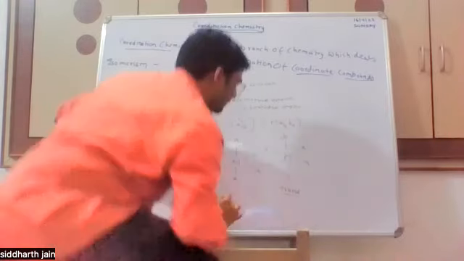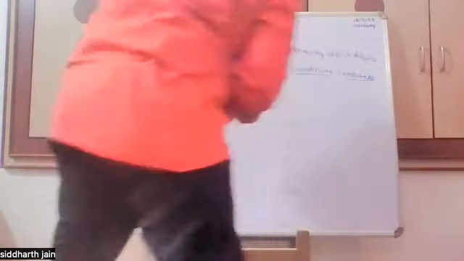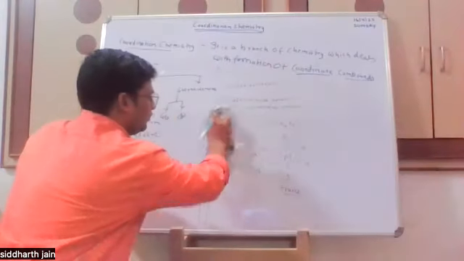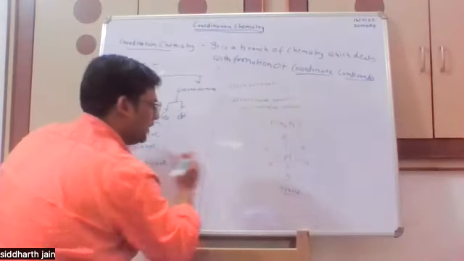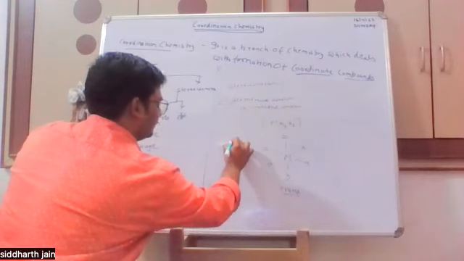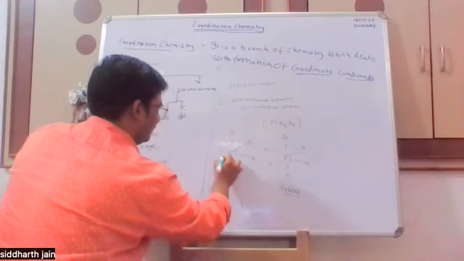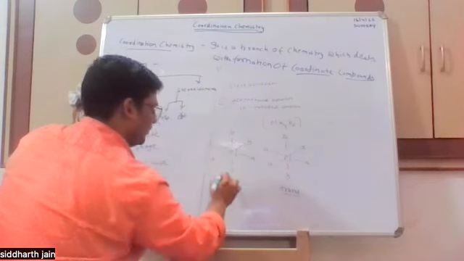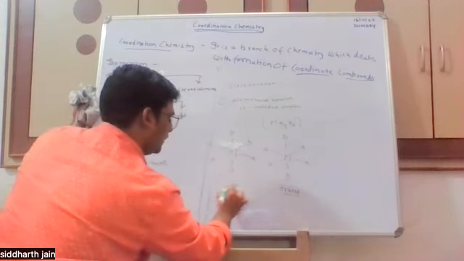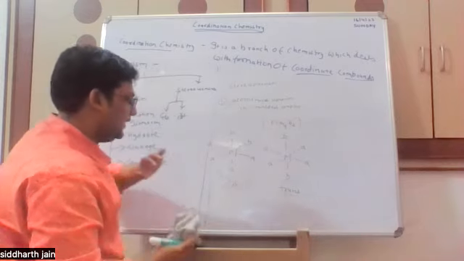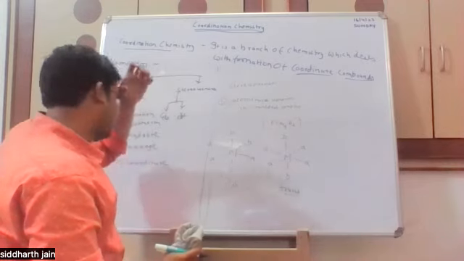And if we draw the other form of this molecule, in which the two B ligands are close to each other, we call this the cis form. So these are the cis and trans isomerism shown in octahedral complexes.